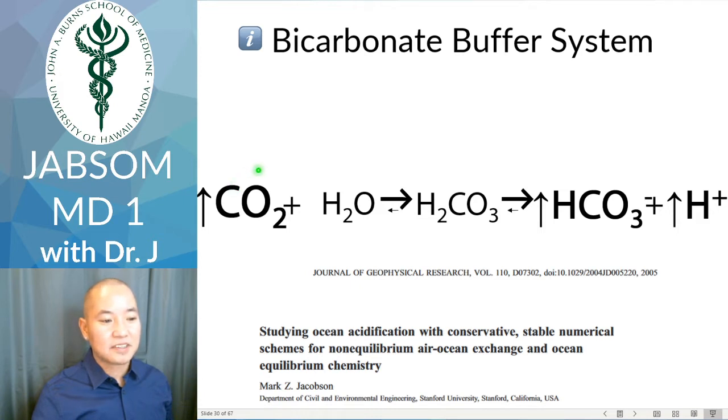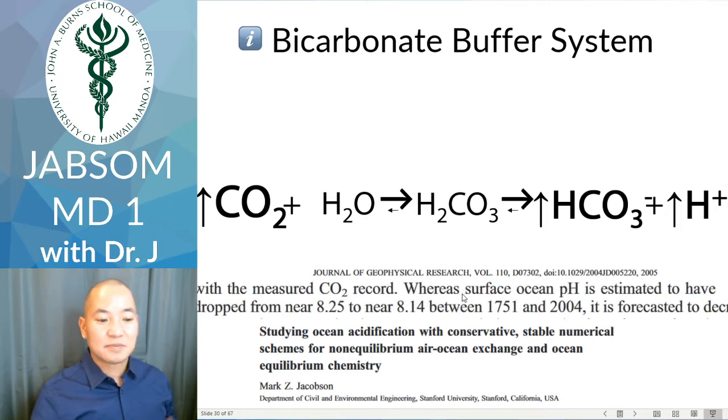It converts carbon dioxide and water into carbonic acid. So what they saw is that, due to increasing carbon dioxide, we have a drop in pH. Again, a drop in pH means there's increased acidification. So when you have increased carbon dioxide, you have increased acidity.